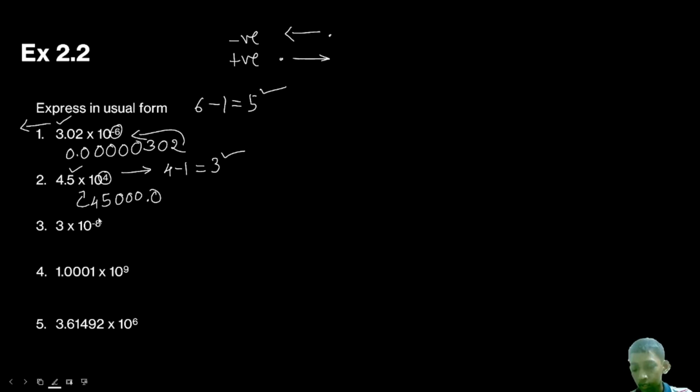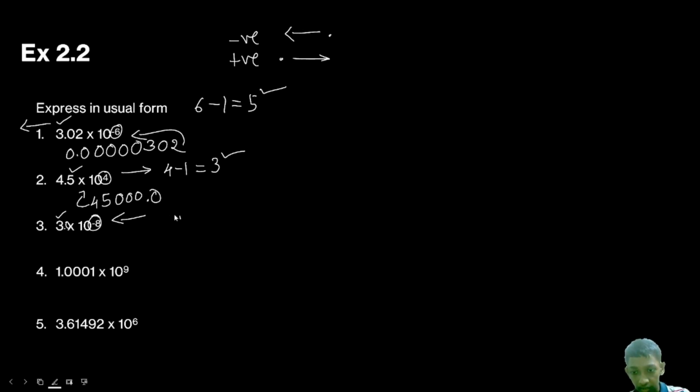In the third one, we have a negative exponent, so the decimal will move towards the left side, but there is no decimal in the value of m. So if there is no decimal, assume a decimal at the end of the digit. So 3.0 into 10 raised to the power of minus 8. So there is already a place acquired before the decimal, because we have to shift the decimal towards the left, but there's already a place acquired at the left side.